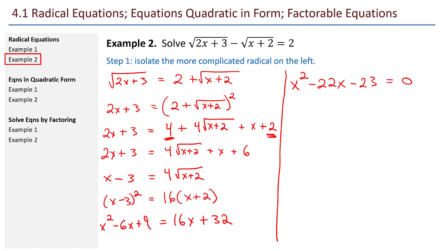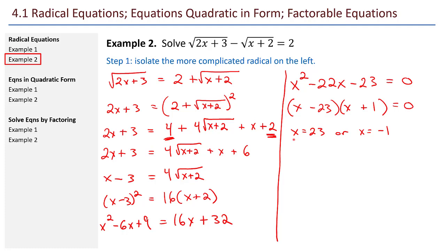So is there a way to factor that quadratic on the left? I think there is. So how about, say 23 only breaks up into 23 and 1, so I need, how about minus 23 and plus 1. So my solutions are x equals 23 or x equals negative 1.